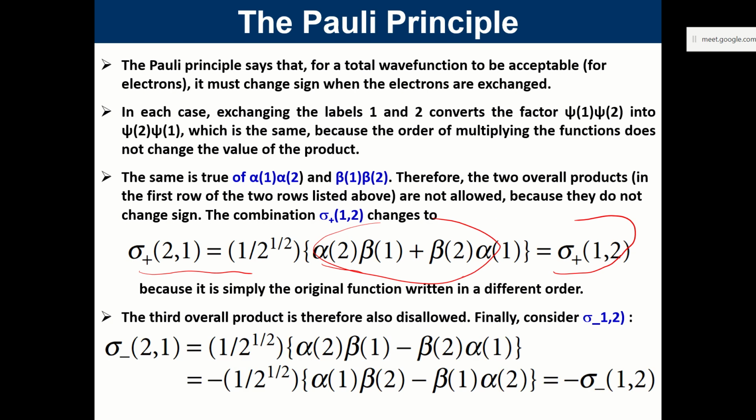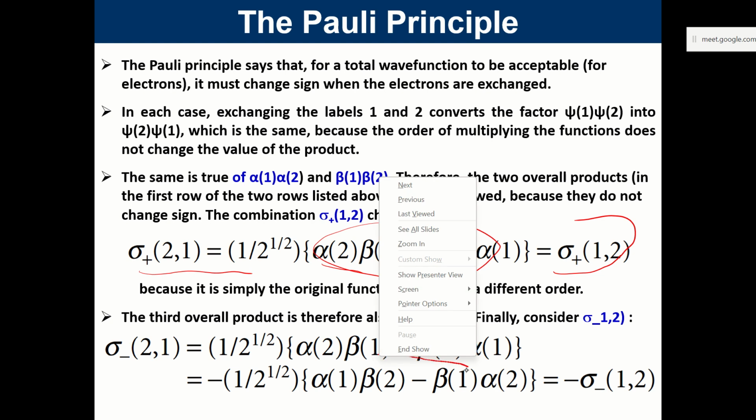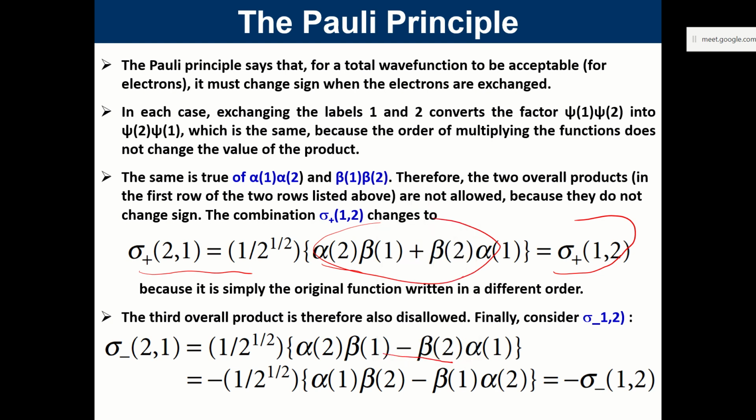But when we compare this and exchange the labels 1 with 2, we realize that this is one type of product, and we are subtracting beta 2 alpha 1, alpha 2 beta 1. When we change the labels, it becomes the reverse: 1 goes here, 2 goes here, 2 goes here, 1 goes here. And then we realize that this is altogether different.